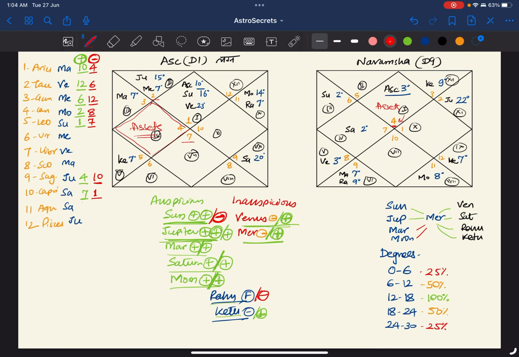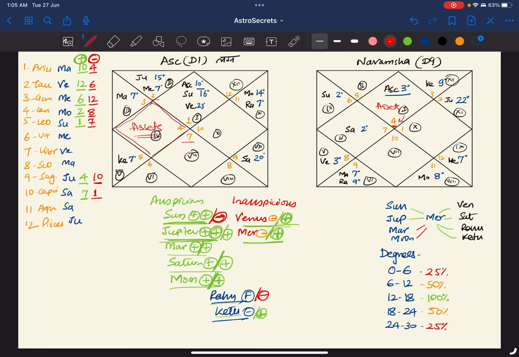If 4 is mentioned, again we covered that 4 is with vehicles, house, mother, so the fourth is with respect to assets. If the fifth was written, then the person will be lucky, since the fifth house deals with a little bit of luck.